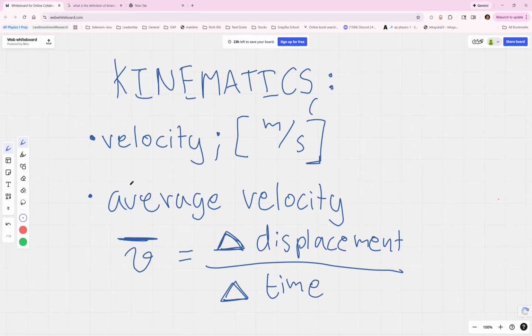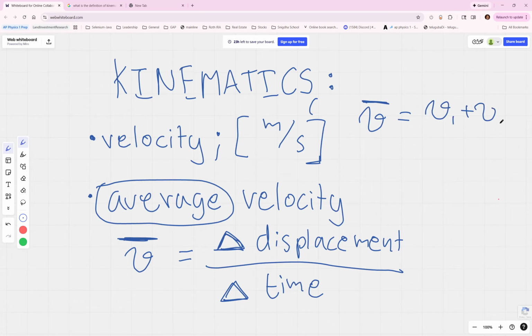And when you see the word average, you might also think of the average value or the mean. So that's why another equation for the average velocity might be given as v1 plus v2 divided by 2.